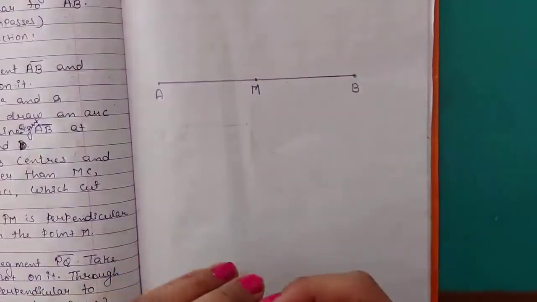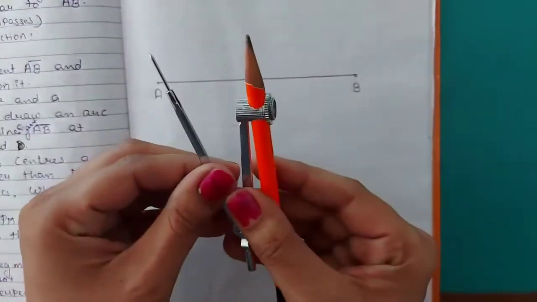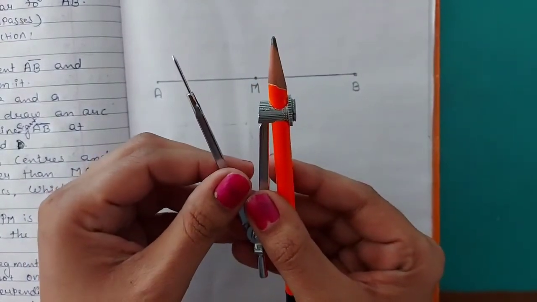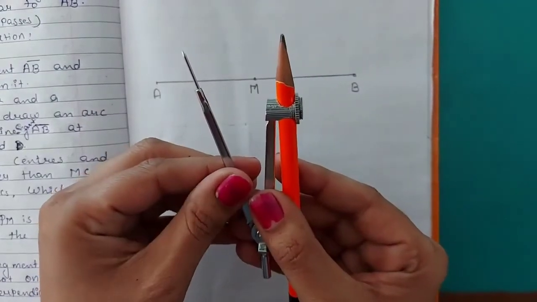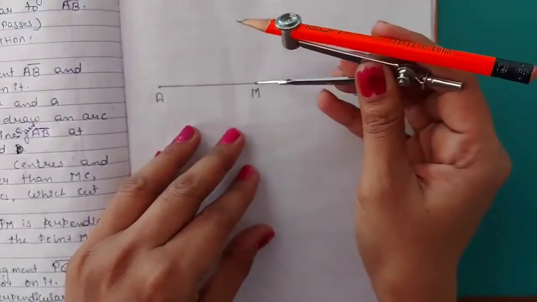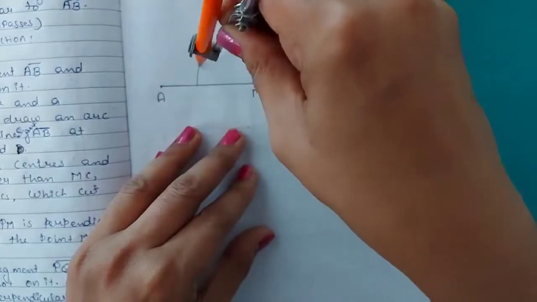Students, as per given in the step, we will take M as a center and we will open the compass according to any length because it is said to take radius of any convenient. So now we have opened the compass and then we will draw an arc with M as a center.